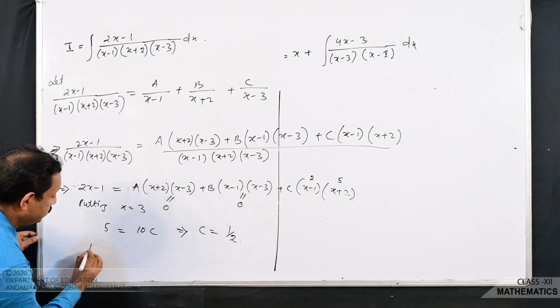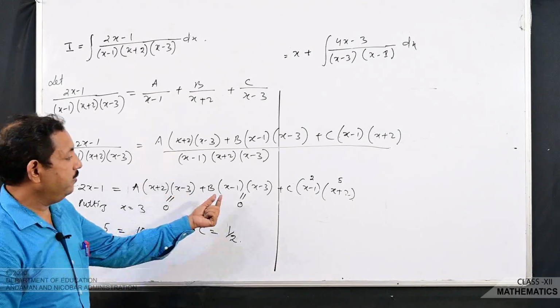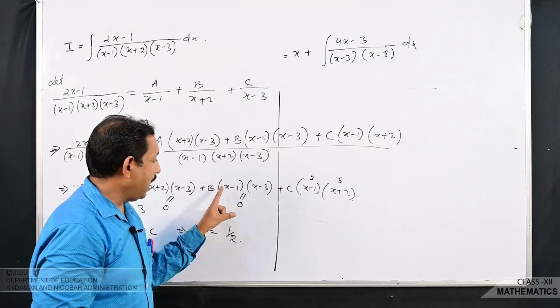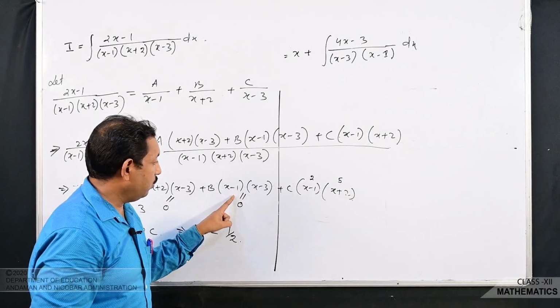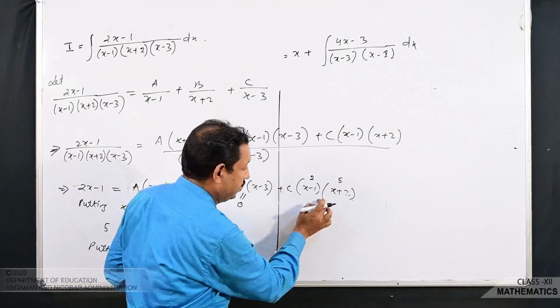Again I am putting x equal to what? Now I make this term 0, so I put x equal to 1. Whenever I put x equal to 1, this term becomes 0 and this term also becomes 0.